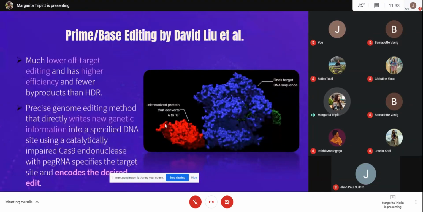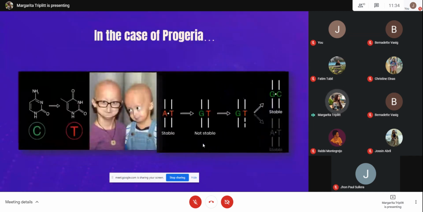Here, CRISPR-Cas was modified so that it is not able to cut a specific DNA sequence, but it has the ability to bind and to do base editing, which replaces the specific genetic mutation, like in this case in progeria.